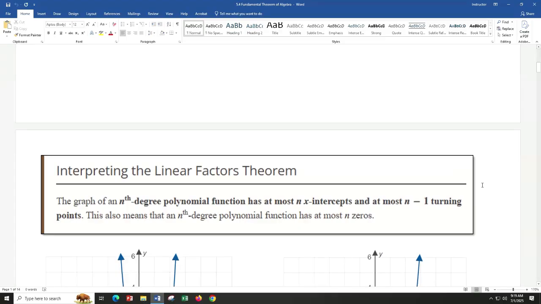A power of 3, a degree 3 polynomial, how many zeros could I possibly have? 3. But how many else could I have? Real zeros. 1. Or, yeah. But I am guaranteed how many? I'm guaranteed 1 real, right? How about a 4th degree?